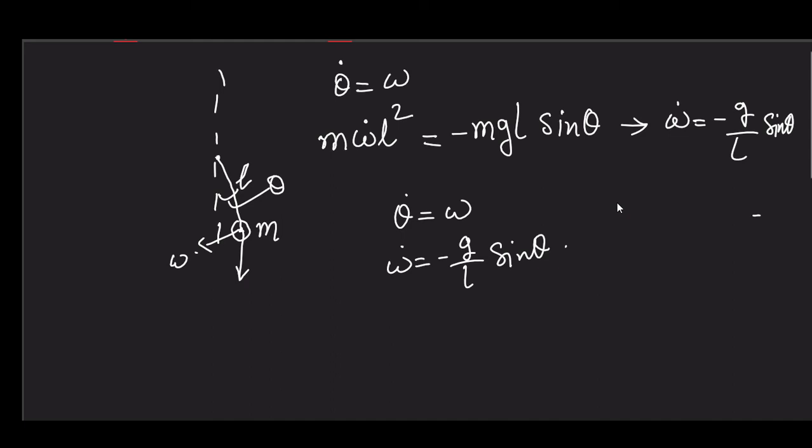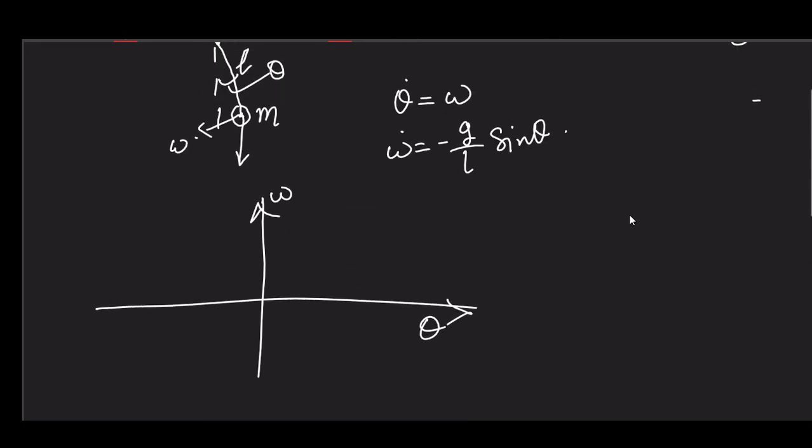To understand that, we must first look at our equilibrium point in the state space. Our state space is a two-dimensional space. At the equilibrium point, all the state variables must become 0.